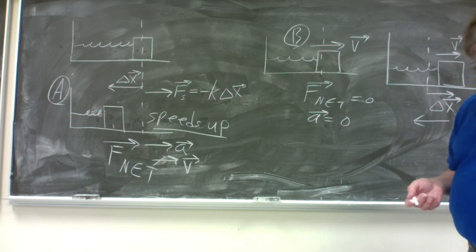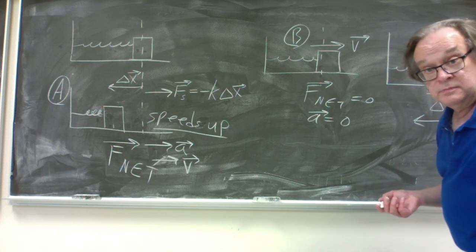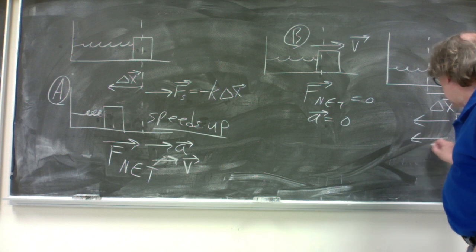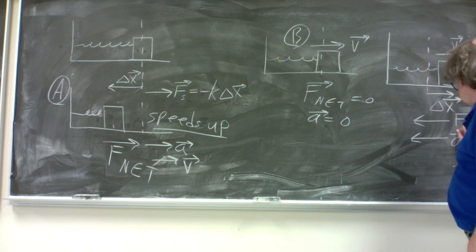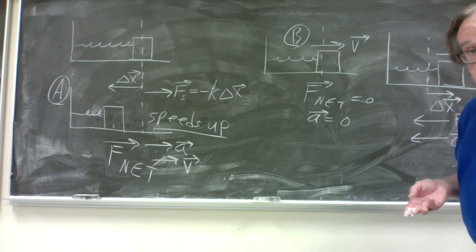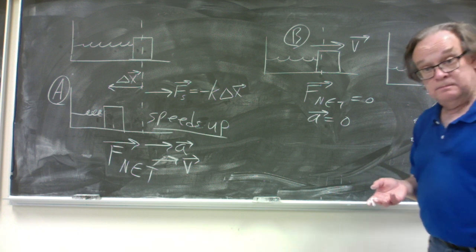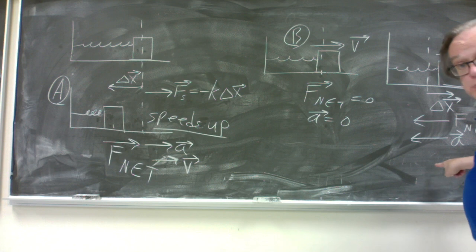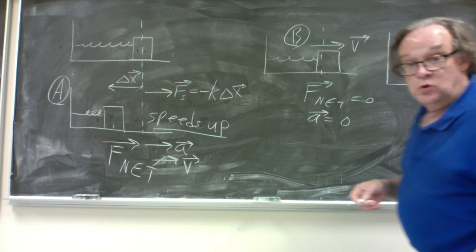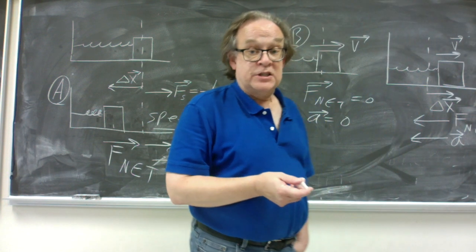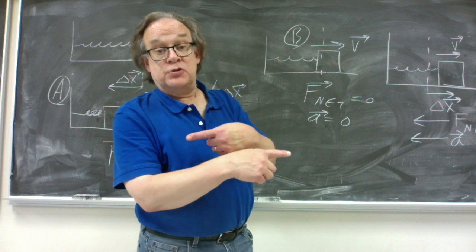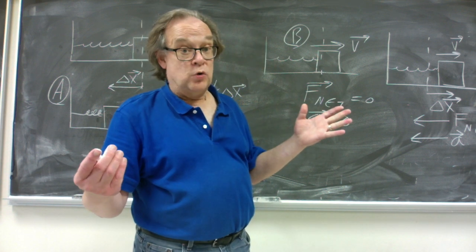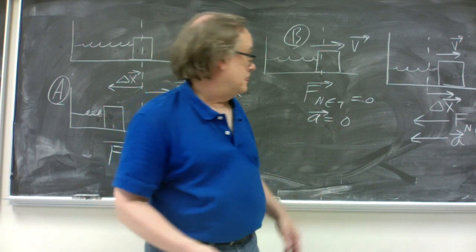And acceleration always has to point in the same direction as net force, so acceleration is to the left. And we know that the velocity is still to the right now, acceleration is pointing the other way, to the left. Whenever velocity and acceleration point in opposite directions, that always corresponds to slowing down.